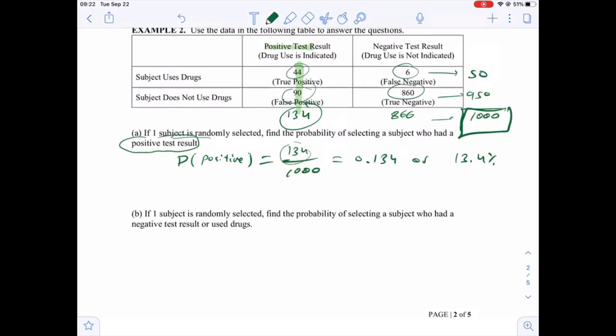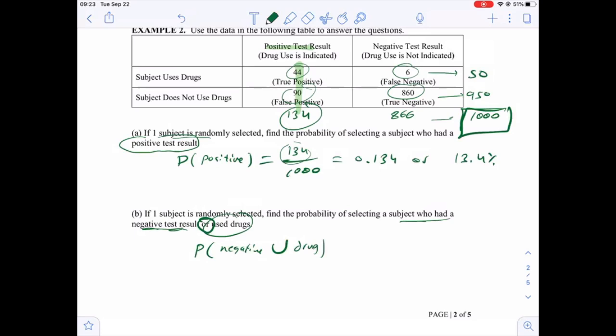Now the second question: if one subject is randomly selected, find the probability of selecting a subject who had a negative test, or used drugs. The probability of negative tests or used drug, where or means union. Let me write drug here.